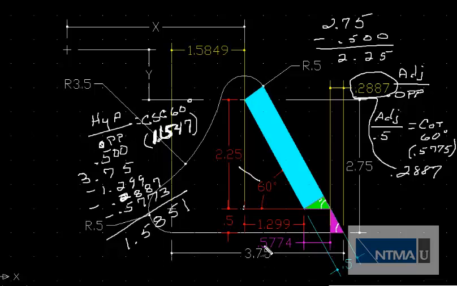Again, we have this minus this minus this minus this. So 3 inches 750 minus 288 and 7/10 minus 577 4/10 minus 1 inch 299. Okay, and we figured those all out using that same 60 degrees. Okay, I'll pause, clean this up.